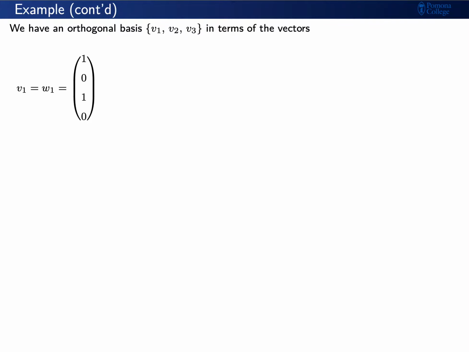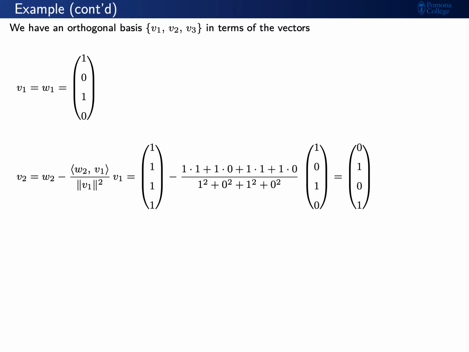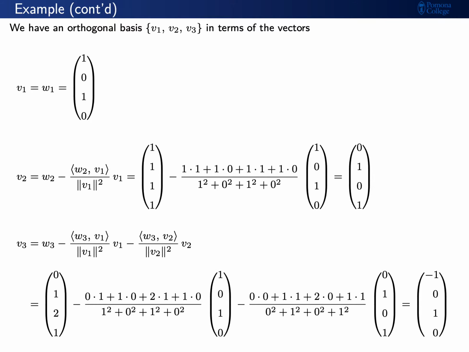Recall that V sub 1 always equals W sub 1. V sub 2 we can write as W2 minus a scalar times V1, and in this case the scalar is the inner product of W2 with V1 divided by the inner product of V1 with itself. And finally, we'll define V sub 3 in a similar way as W sub 3 minus a certain linear combination of V sub 1 and V sub 2.